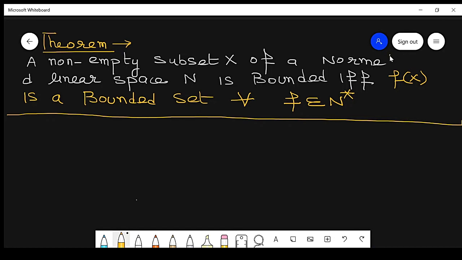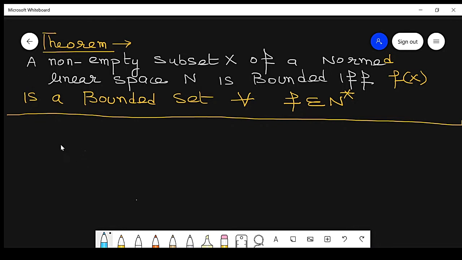This is the statement of the theorem, related to the uniform boundedness principle. Again, this theorem is very important. Sometimes the uniform boundedness principle is asked in the examination.